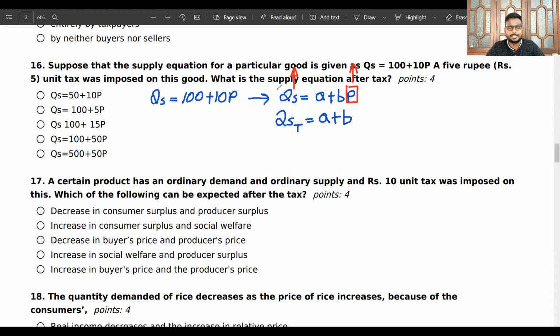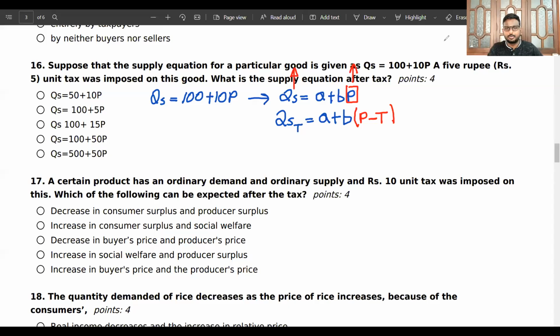So pretty much that's the idea, right? But when tax is imposed, what happens? Quantity supplied drops. Supply will reduce. Why is that happening? Because the price the producer gets will be affected by tax. Affected negatively. When a tax is imposed, the producer has to pay that tax using the price they get. So out of the price, a certain part is now going out.